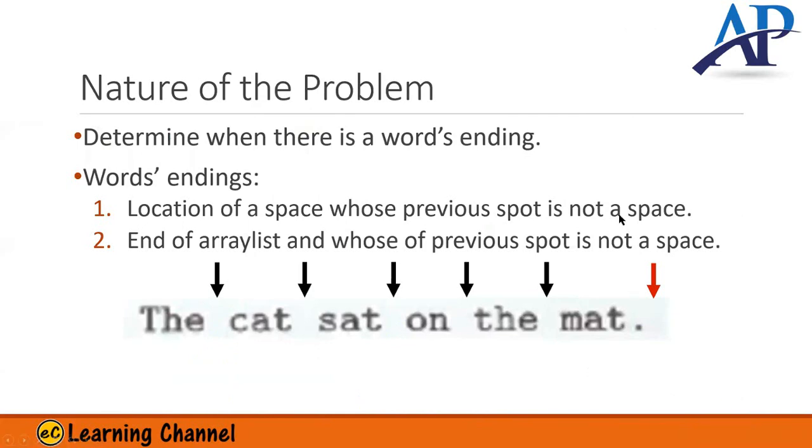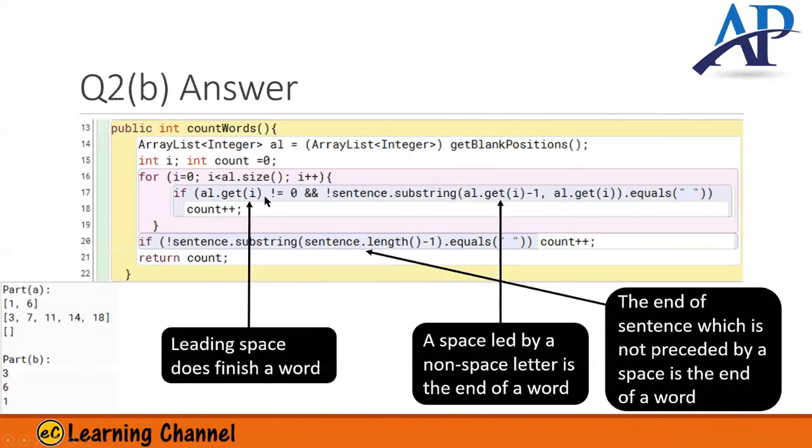But in my example solution, I would like to take care of it. So the way to take care of it is, I still look at the space location. If my space location is 0, that 0 will not be counted. That means my sentence has a leading space over there, so that one should not be counted.